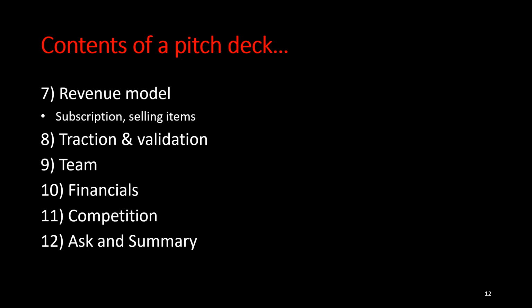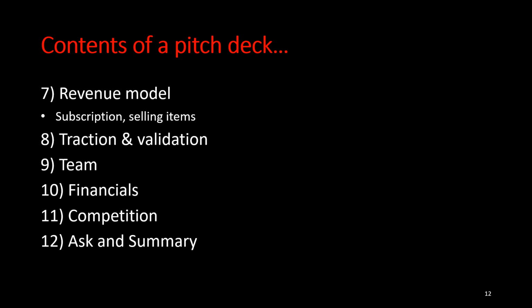For instance, if I use an example of one of you who is offering styling services, the revenue model is selling the clothes. So the revenue model is a very important part, especially if you're pitching to investors, this is something they are very much interested in.